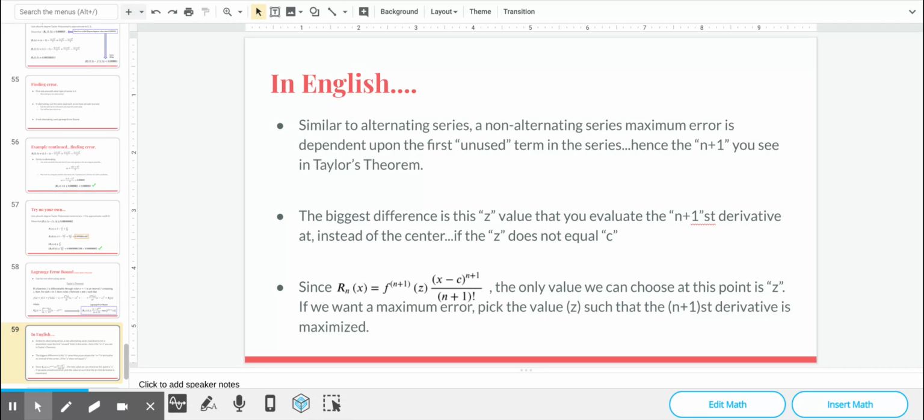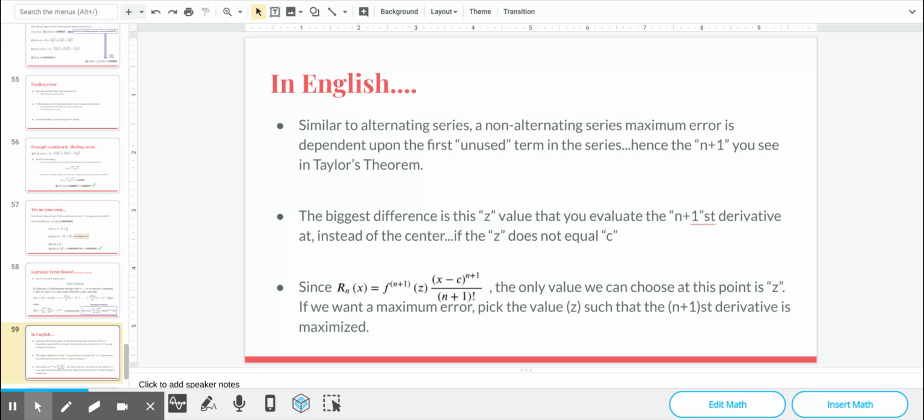The only value that we want to choose is the value that maximizes this part right here, this derivative. So if I have a center value, let's say 0, and I want to approximate a function at, let's say, x equals 2, I've got an entire range from 0 to 2, including 0 and 2, that I can plug in to the n plus first derivative of f.